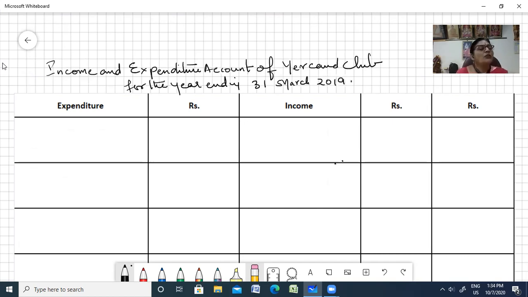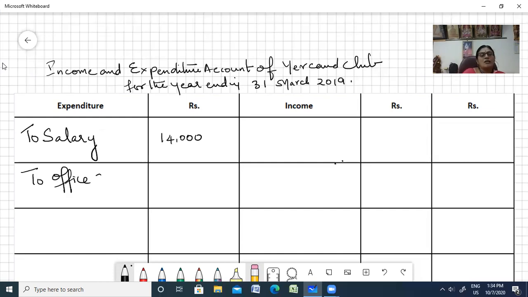Now, let us first finish off our expenditure side, then we'll come to the income side. See what is the first thing they've given you? To salary. Salary is 14,000 they've given you, so we'll enter that. Then to office expense, 7,200.